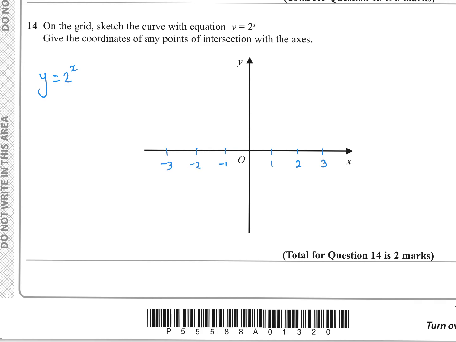And then I'm going to go up in 2s, 4, 6, 8, 10 here. And then going to go down in 2s here.